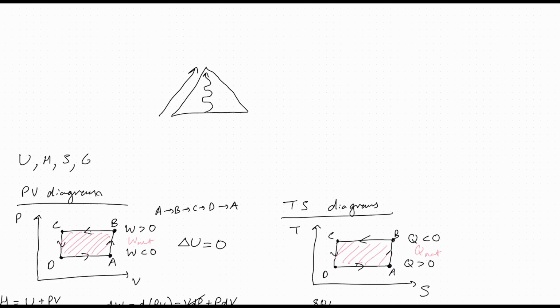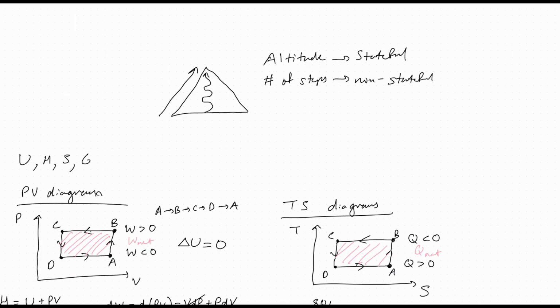So a state function might be the altitude. So regardless of the path that I take, getting to the top of the mountain is at the same height. A non-state function might be number of steps taken. This does depend on the path. If I take the straight path, it's going to be less steps than if I took the winding path.